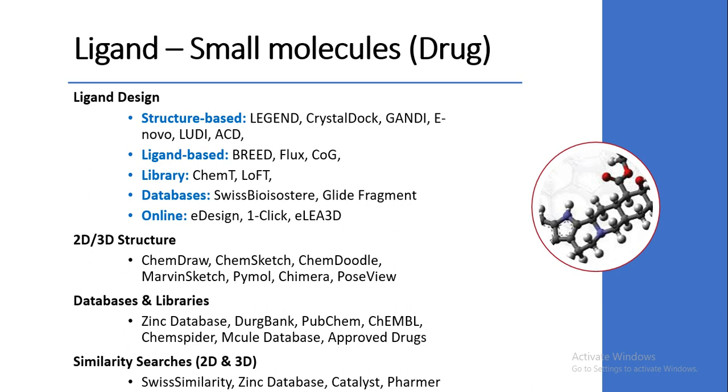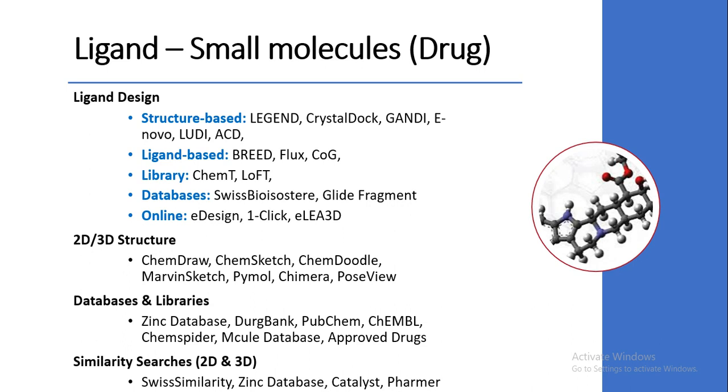Ligand-based ligand designing means we have a reference compound, a ligand which is active, and we are going to design more compounds or derivatives of this ligand. We can use BREED, FLUX, or COG for this, and we can also make a library of compounds through ChemT and LOFT softwares.